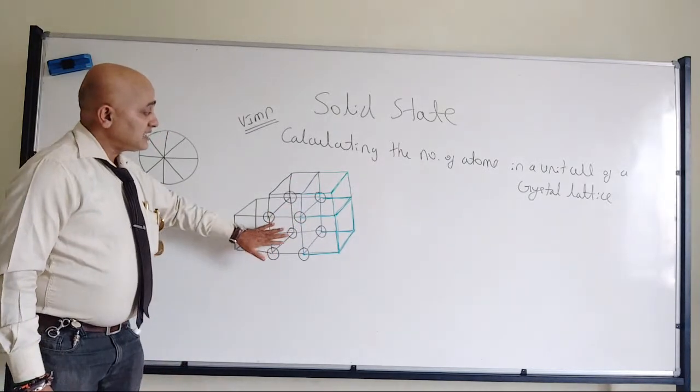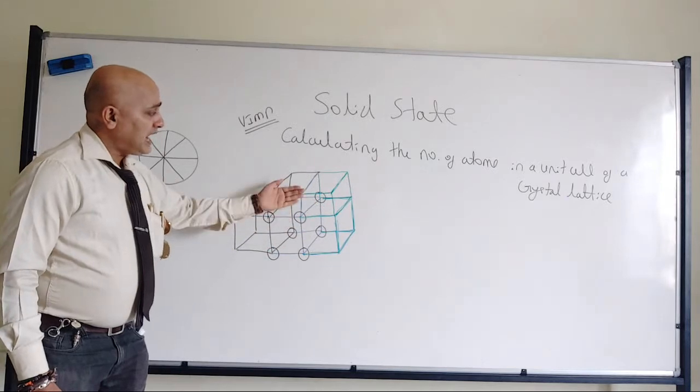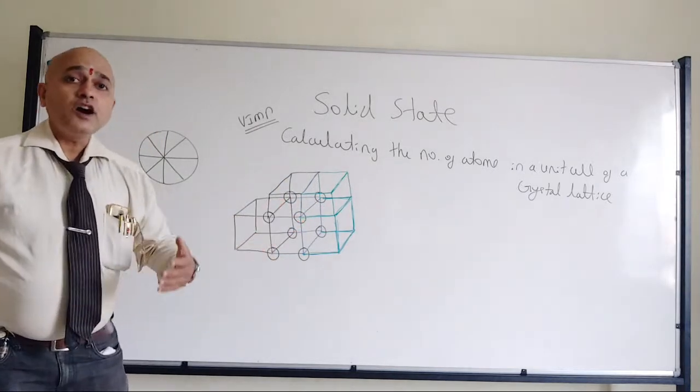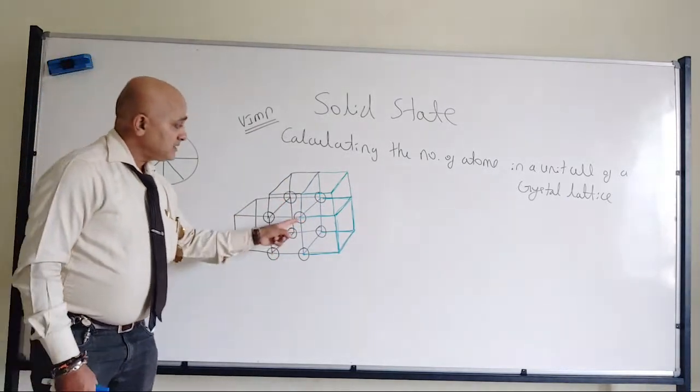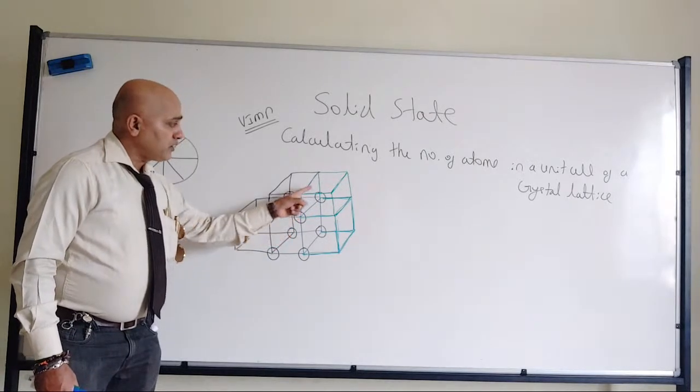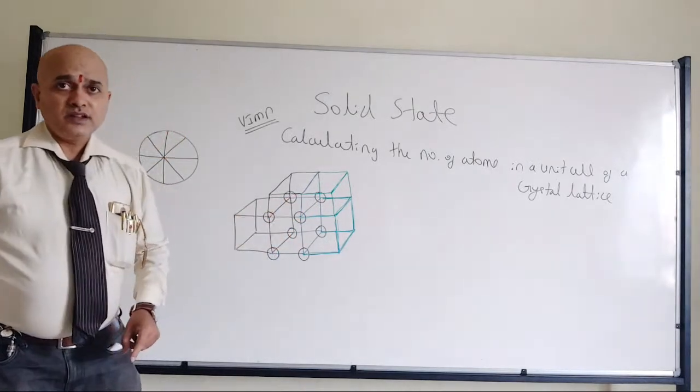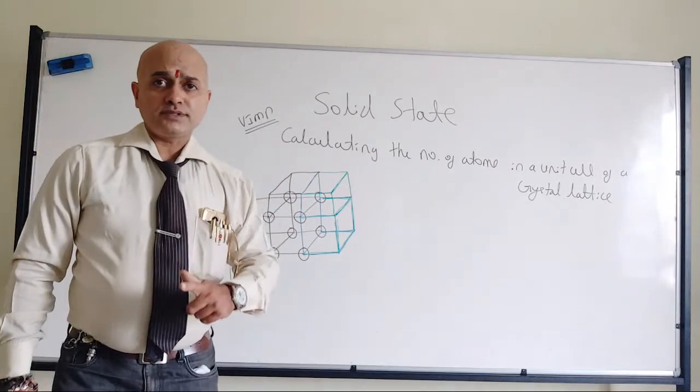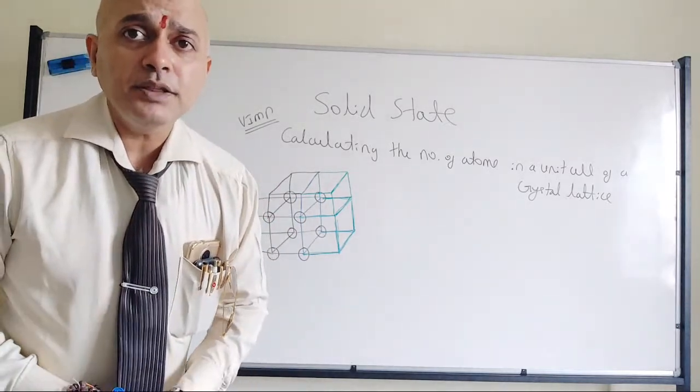So 1, 2, 3, 4 and front 4. Total how much? 8. So this corner will be common for all those 8 shops. Now you got the point, Purnima?